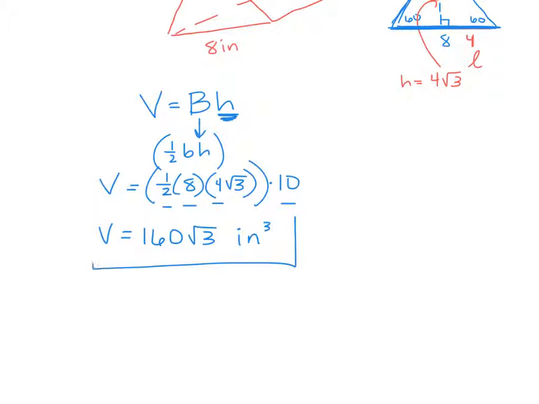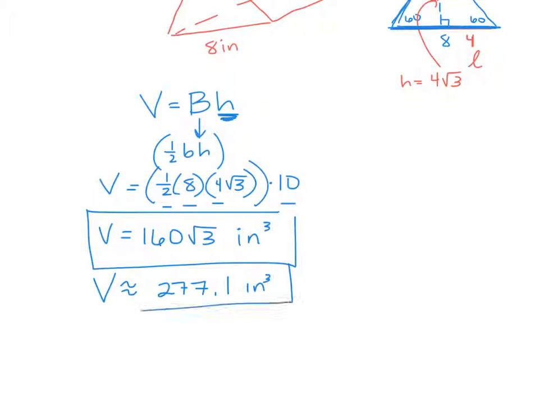So if they say give an exact answer or simplest radical, that would be your answer. If they said to the nearest 10th, you would just plug the rad 3 in, which would be 277.1 cubic inches. Okay, so both of those are acceptable answers. It's just a matter of what they asked for. If they said nearest 10th, that's the bottom, right?